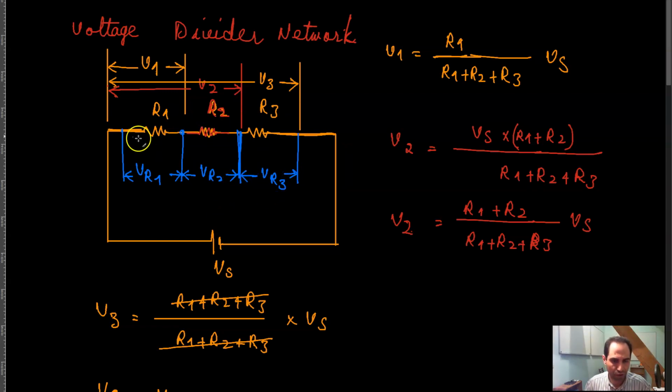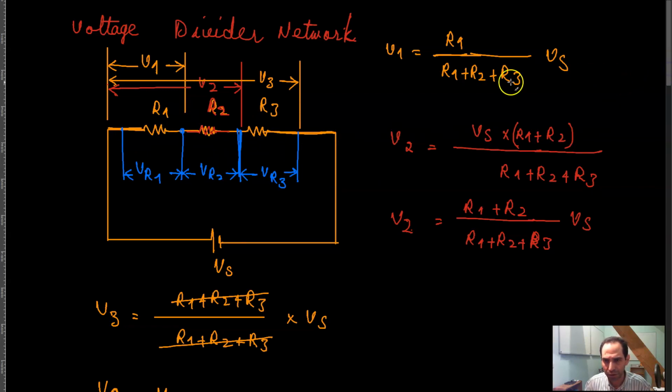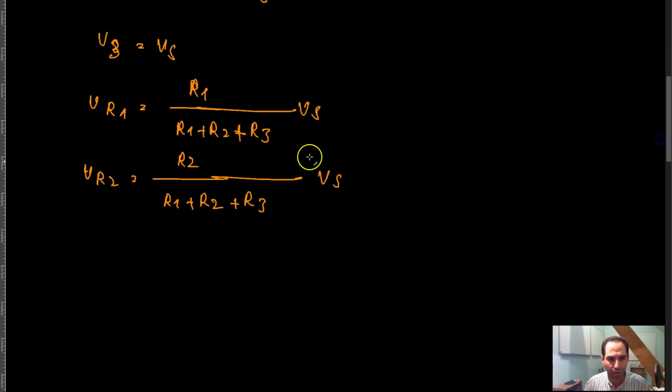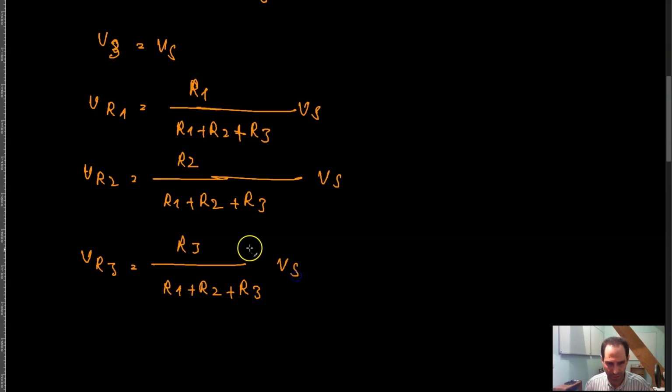And of course, you can calculate them, and you can measure them in any similar circuit. V of R3 also would be equal to R3 divided by R1 plus R2 plus R3 times V of S.